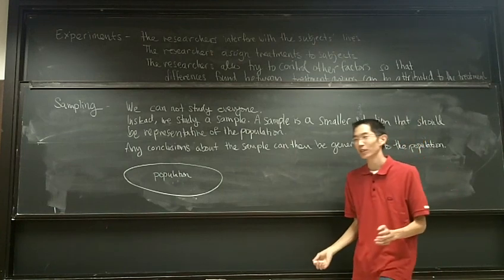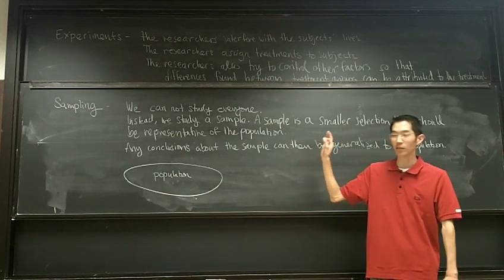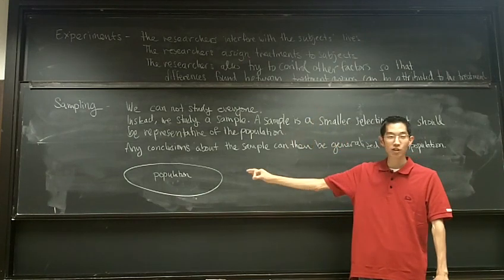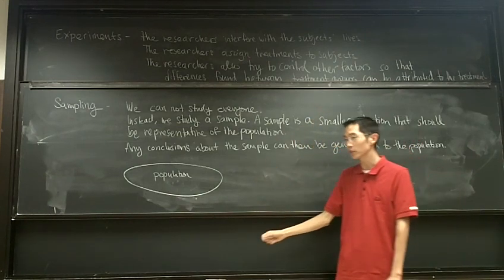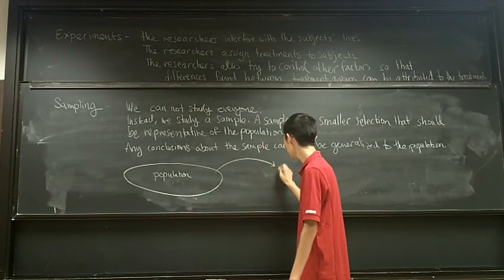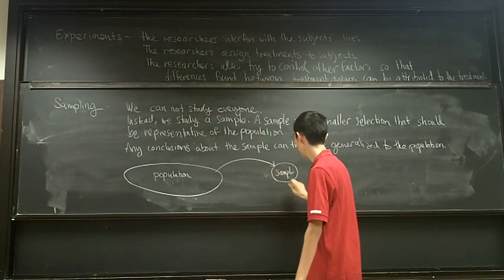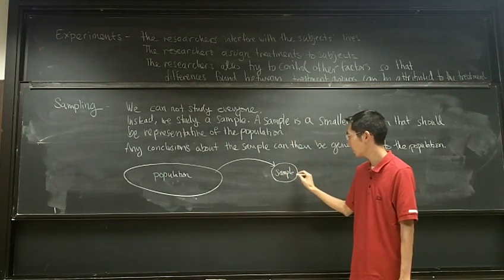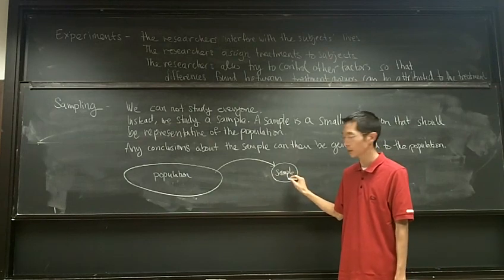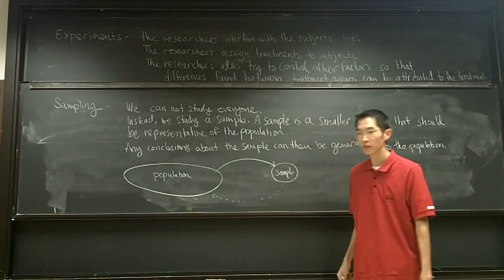It could be all adult voters in California, whatever it is, okay, whatever thing you're interested in is the population. We cannot study the population directly, so we draw a sample. And then we're hoping that anything that we conclude about the sample can thus be generalized to the population.